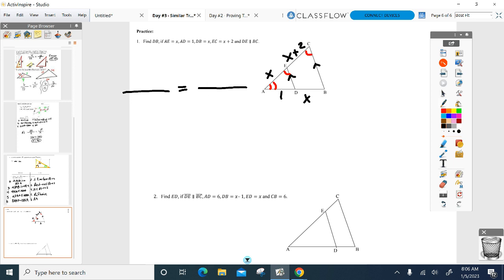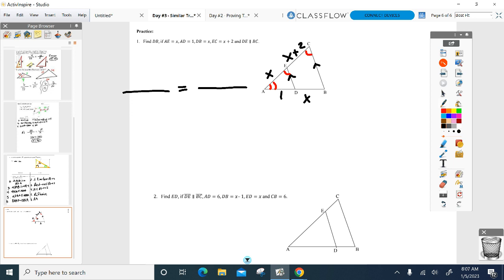When you make your proportion, you are only allowed to put full sides of each triangle in there. So X plus 2 is not going in my proportion. That's not a full side. Neither is X, well, DB anyway.